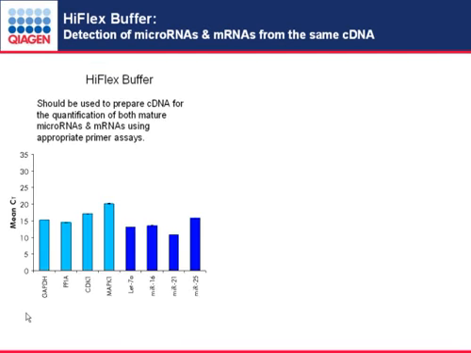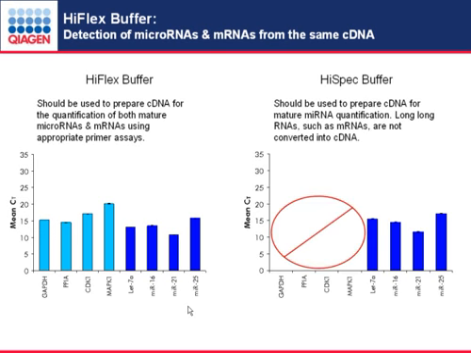And as an example of when to use the HiFlex buffer, this is, again, where you want to detect microRNAs and mRNAs from the same cDNA sample. HiFlex buffer should be used to prepare cDNA for the quantification of these RNA species using the appropriate primer assays. And shown here, from a single cDNA preparation, you can quantify both mRNAs and microRNAs.